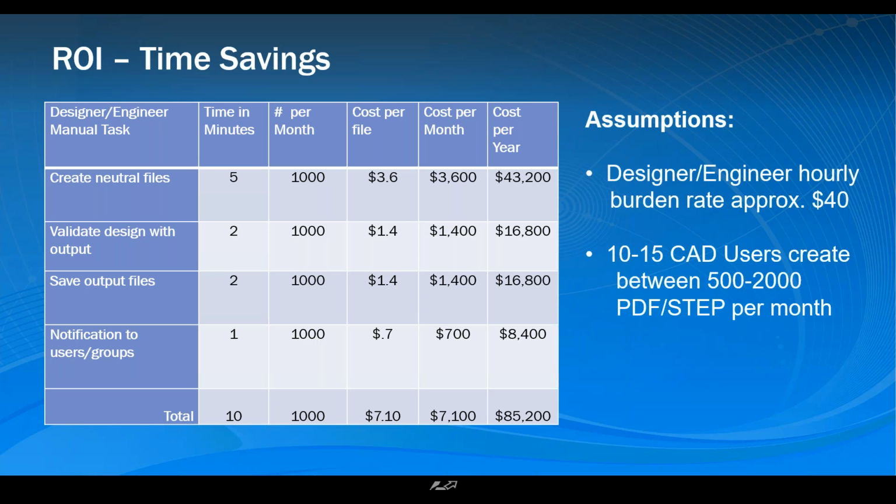In this particular case, that adds up to $85,000 a year in soft costs. Now, we have this spreadsheet available, so if anybody is interested in getting a hold of it so you can change your own information, number of files, burden rates, etc., please let us know. We'd be more than happy to get those over to you.